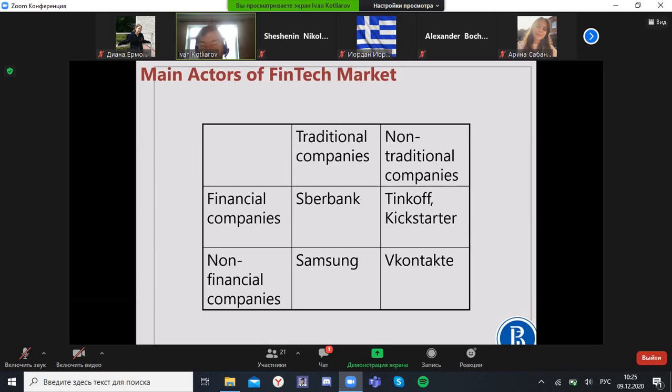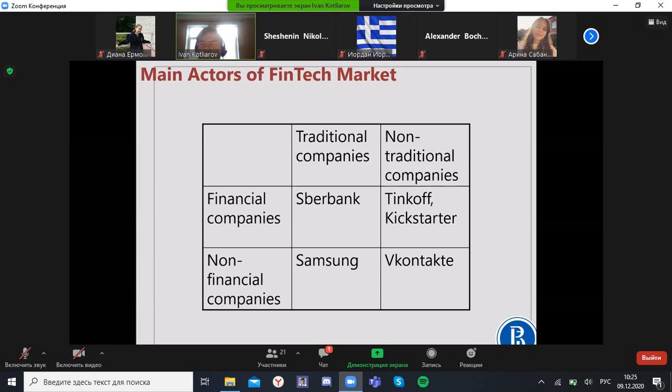We have non-financial companies. A traditional company would be Samsung, but as you know, Samsung provides us with payment services. And non-traditional, non-financial companies are what? It can be exemplified by VKontakte, the biggest Russian social network.